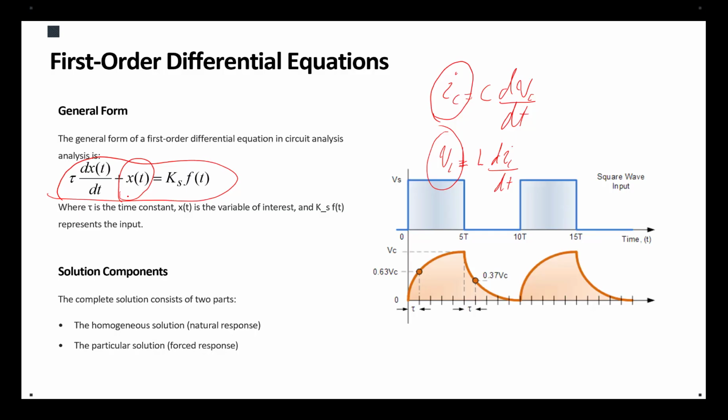It doesn't matter if it's increase or decrease. When it increases and the initial value is 0 and the final value is a certain amount of voltage, 63% of the value is reached at tau. And when it decreases, also a 63% change, the duration that it takes for that 63% change will be considered as the time constant.